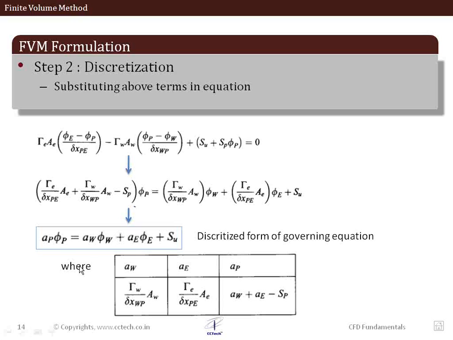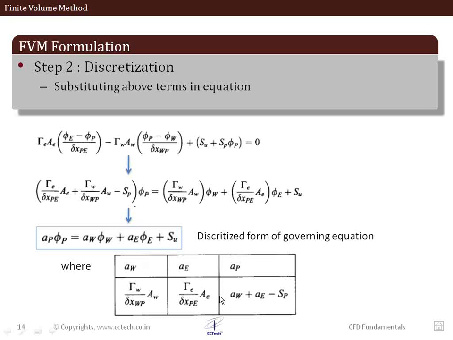So what you can see here is that we have the unknown terms phi P, phi W and phi E in a linearized form. It's an algebraic equation. So you have the unknown quantity at cell P being expressed in terms of the neighborhood terms with some constants AW, AE and AP and SU, which have been tabulated here.